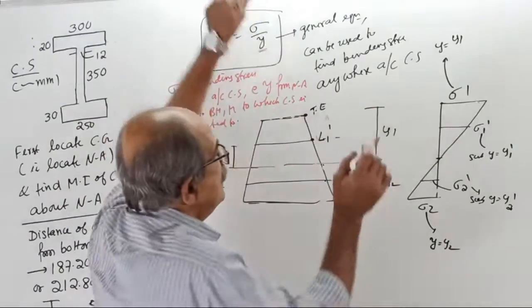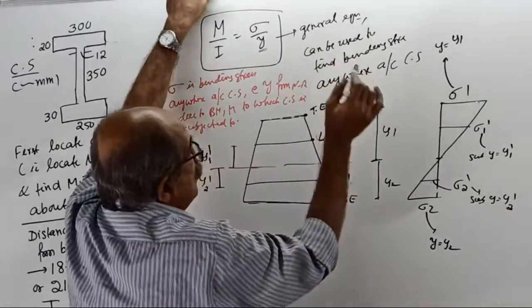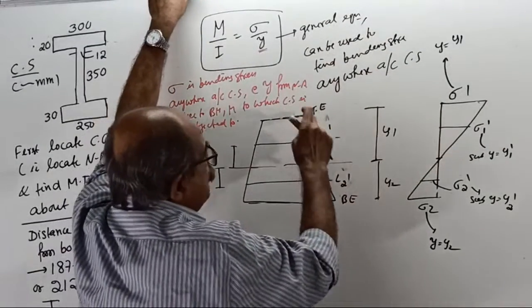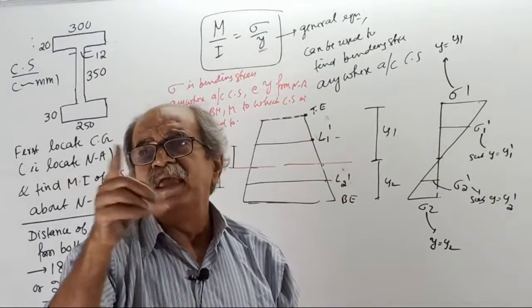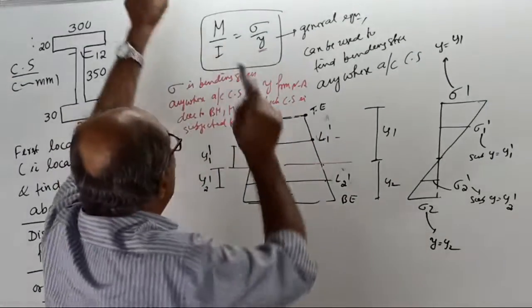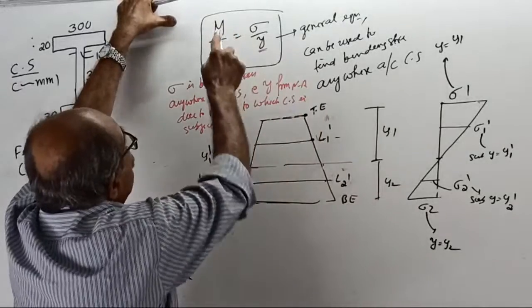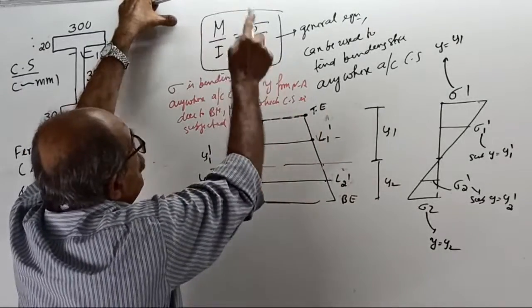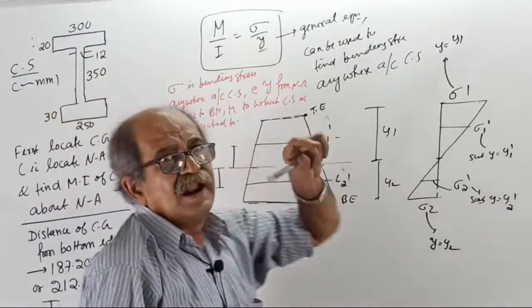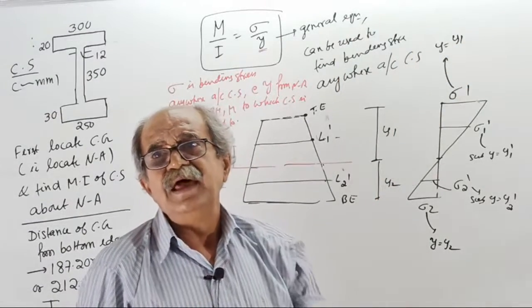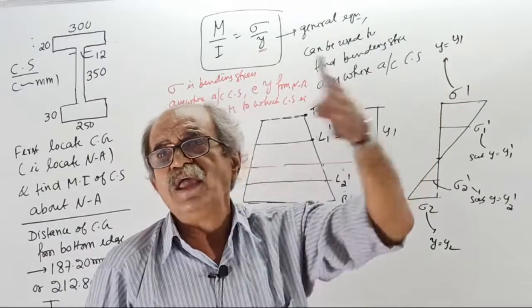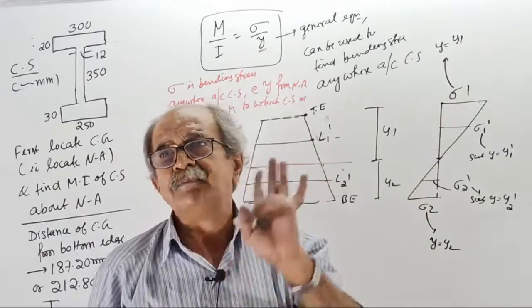Okay. Now, you can find it anywhere. What you require is across the cross section, including the extreme fiber. M by I equal to sigma by y, put y wherever you want, corresponding to the level across the cross section, get the bending stress there, and based on sagging or hogging, decide tension or compression.